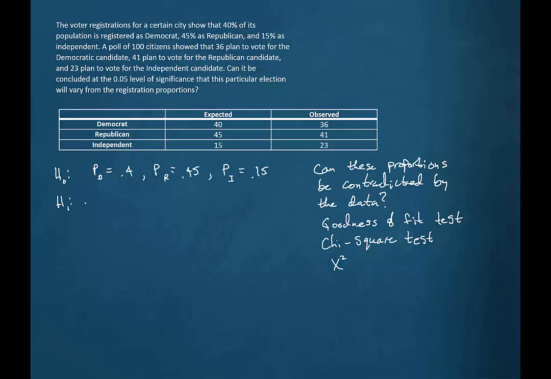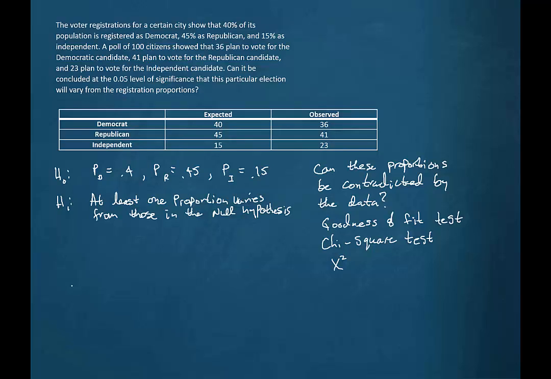So our alternative hypothesis will be that at least one of these proportions varies from those in the null hypothesis. Again, if just one of these is different, then this distribution of proportions is not as what we have stated here in the null hypothesis.